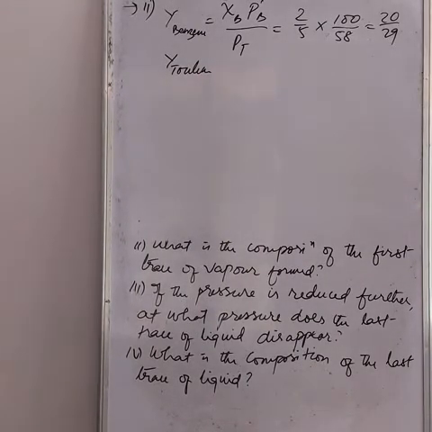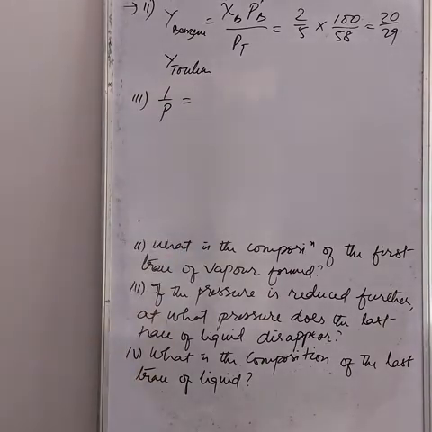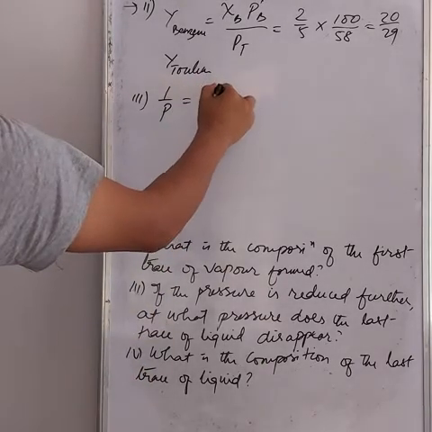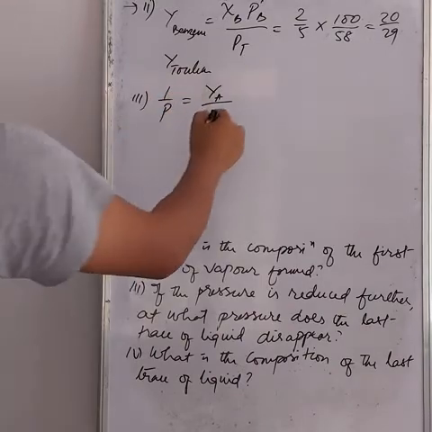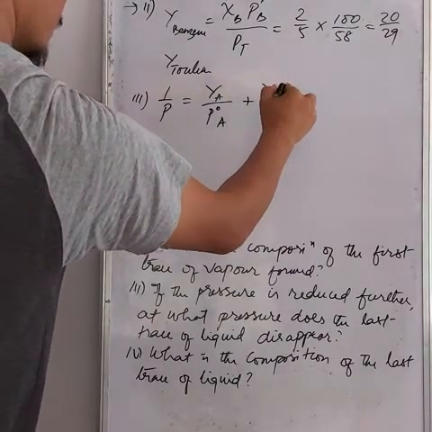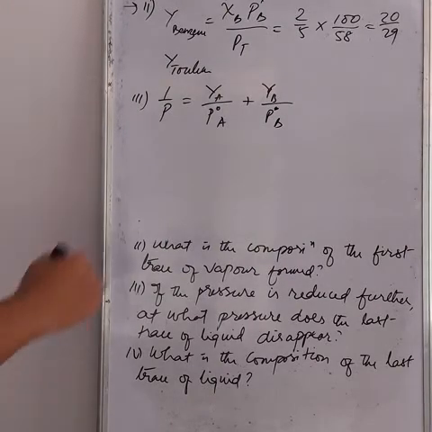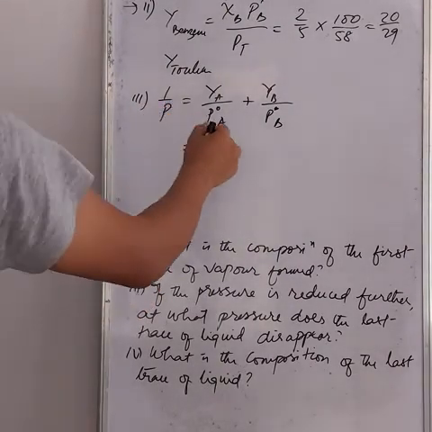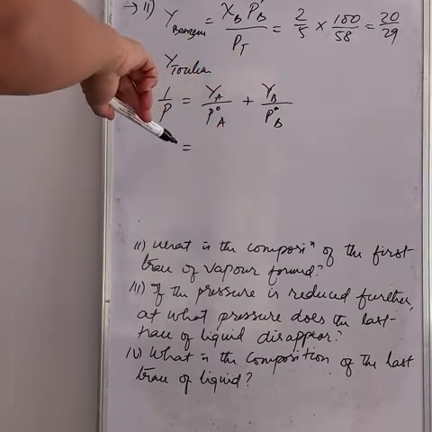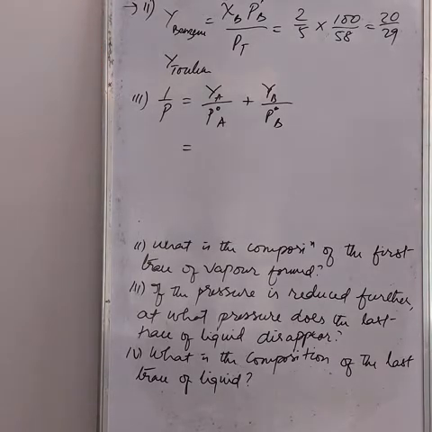And for the third one, if the pressure is reduced, at what pressure does the last trace of liquid appear? So similarly, for the third one, 1 over P is equal to YA over standard pressure of A plus YB over standard pressure of B. Which is equal to YA 20 by 29, right? Sorry, 9 by 29.